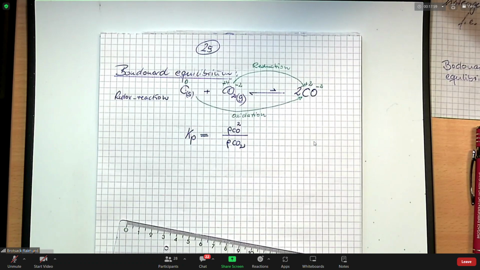And as already mentioned, normally it doesn't work, because if we have pure carbon and we always have CO2 in the atmosphere, because we exhale it and we have 420 parts per million now, there is no reaction by itself. The Kp is much smaller than 1. It won't work. But at high temperatures, in the steel industry process, more than 1000 degrees, we could have the reaction so that we have the production of carbon monoxide.